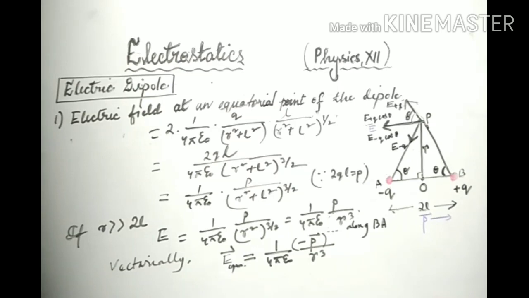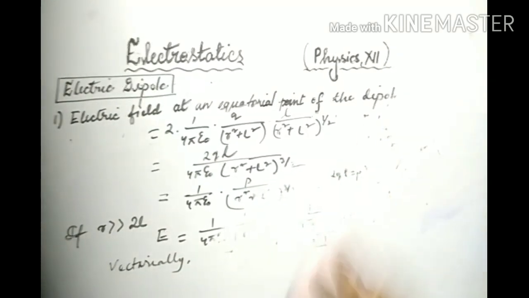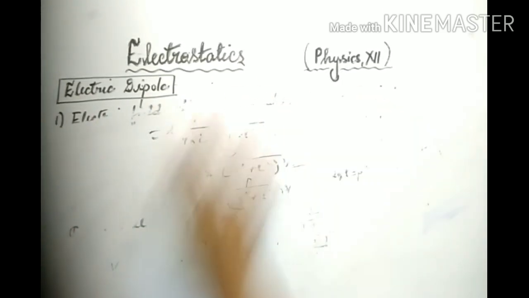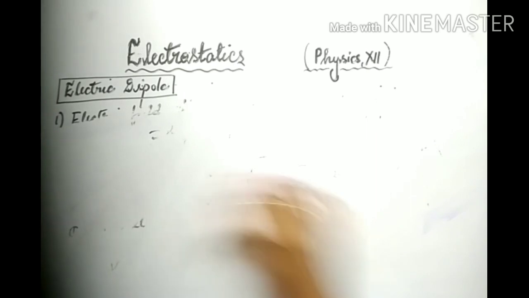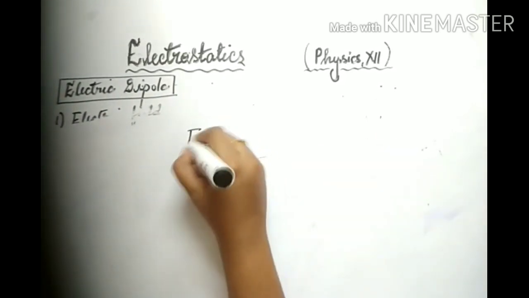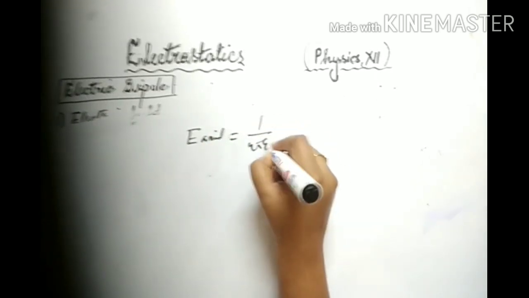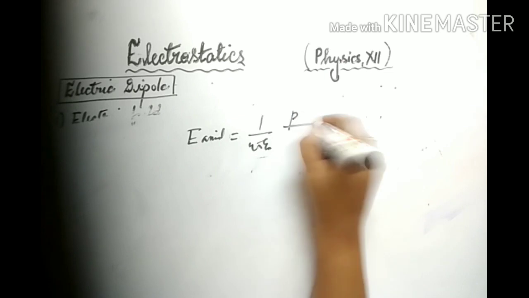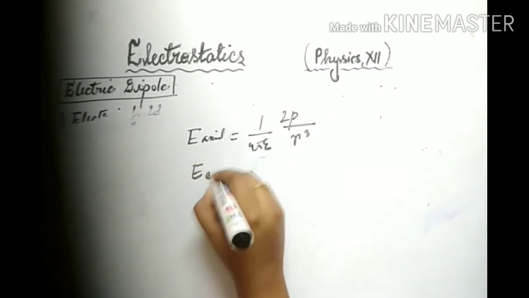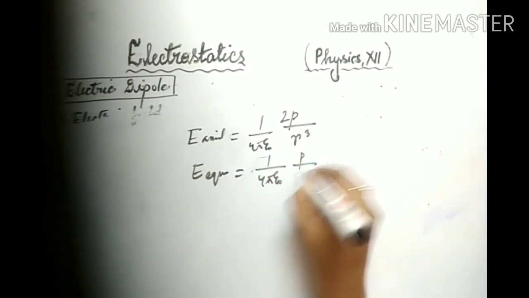Now if a question comes that what is the ratio between E axial and E equatorial? Okay, what is the ratio? Then how you will find it? So E axial is what? 1 by 4 pi epsilon naught 2p by r cube. We are writing only the scalar form. E equatorial is 1 by 4 pi epsilon naught p by r cube.